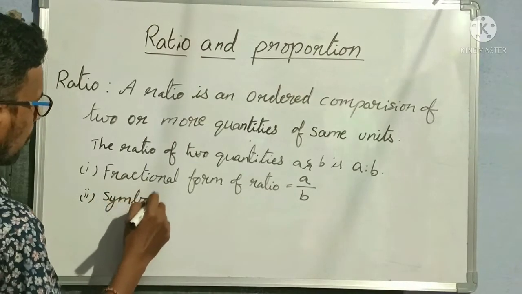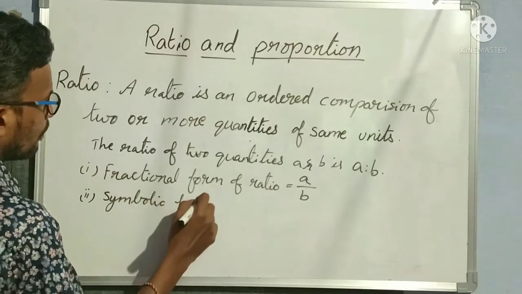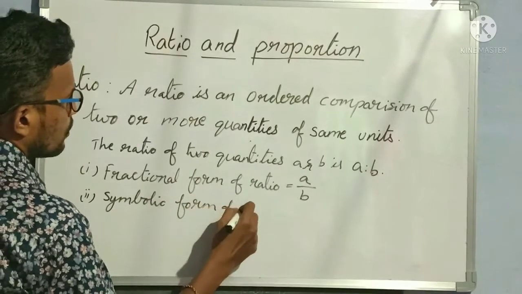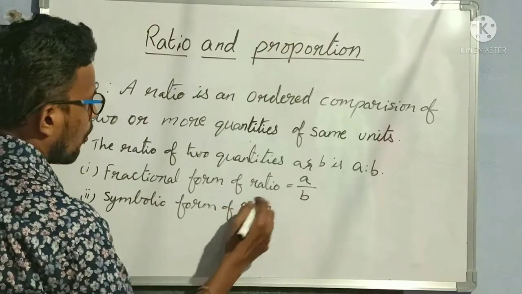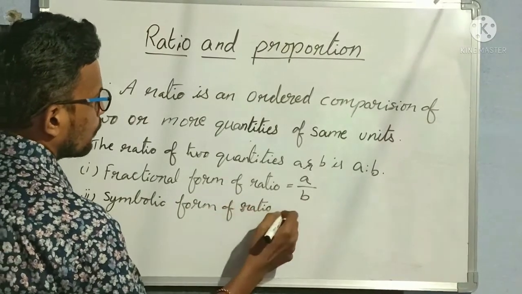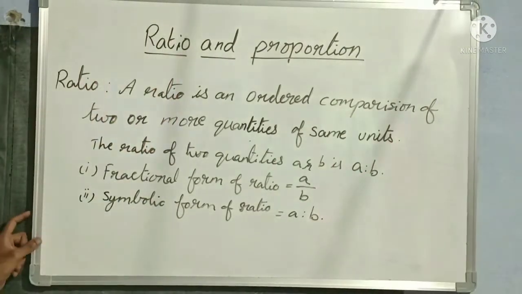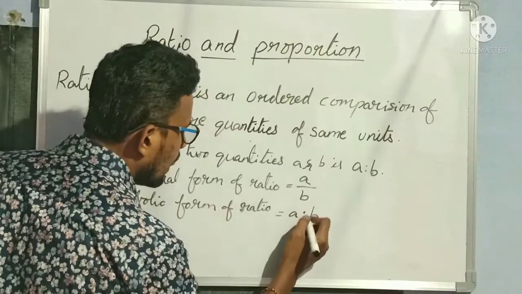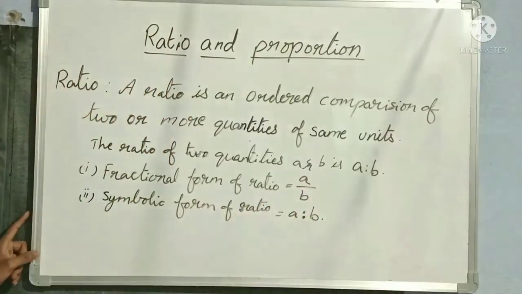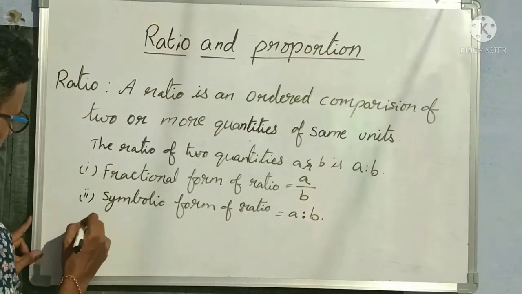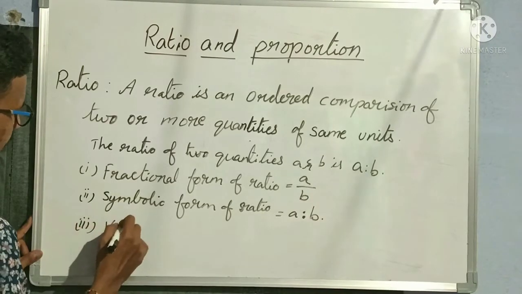Symbolic form of a ratio is nothing but this only, A is to B, using the symbol of ratio. Next, the third one, verbal form.